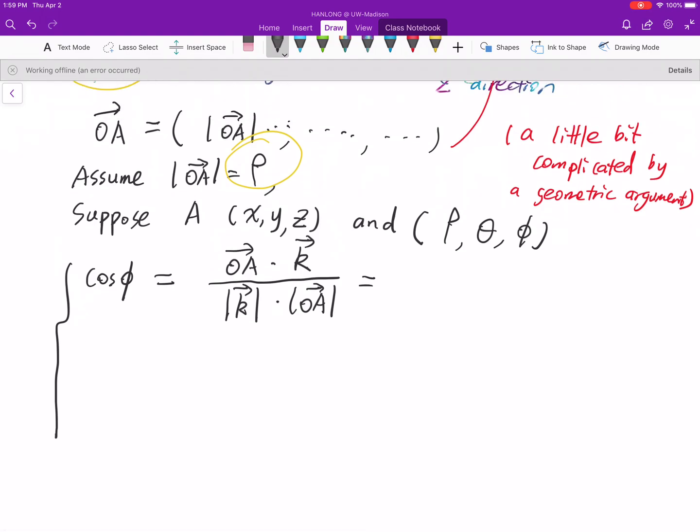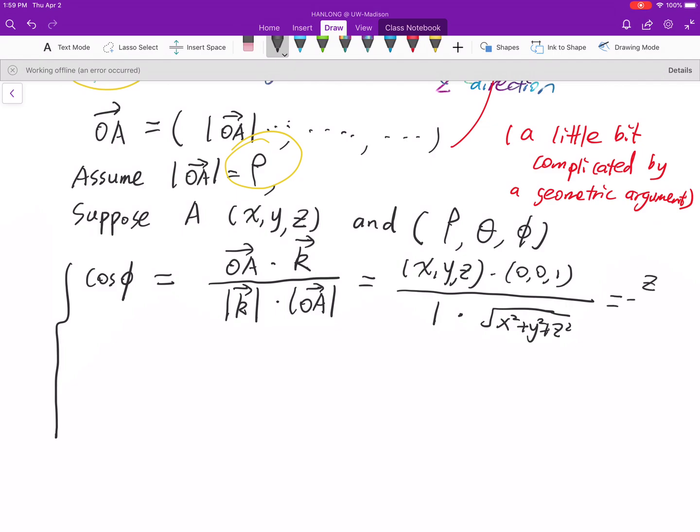The coordinates for OA are x, y, z, and K is 0, 0, 1. In the denominator, the length of K is 1, and the length of OA is this one. So finally cosine phi is z over square root of x squared plus y squared plus z squared.